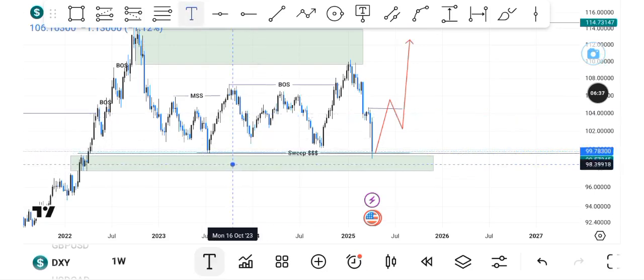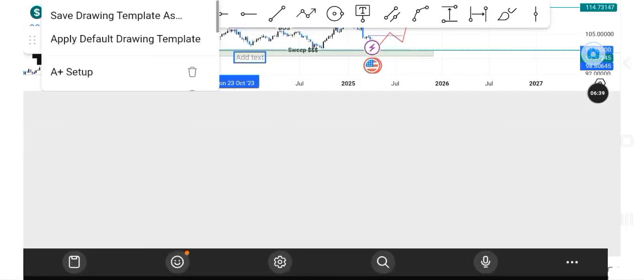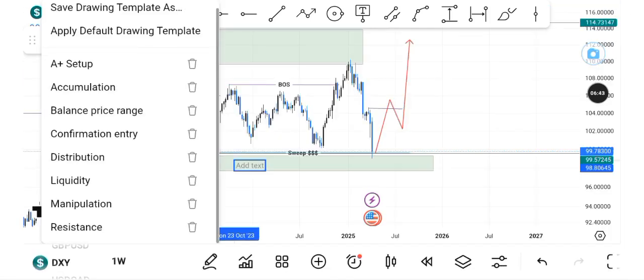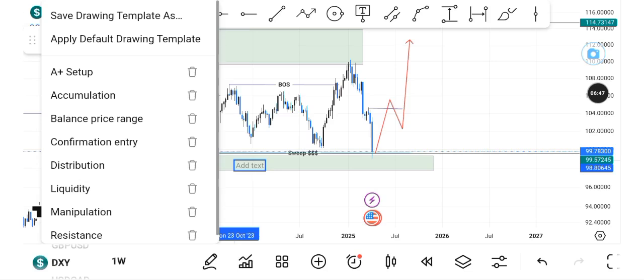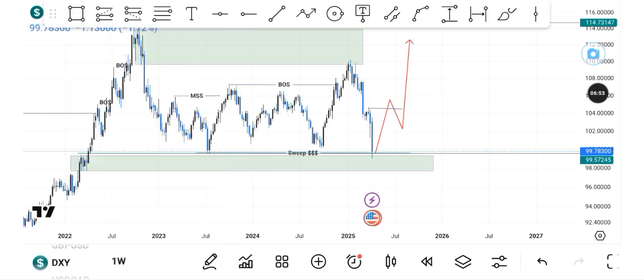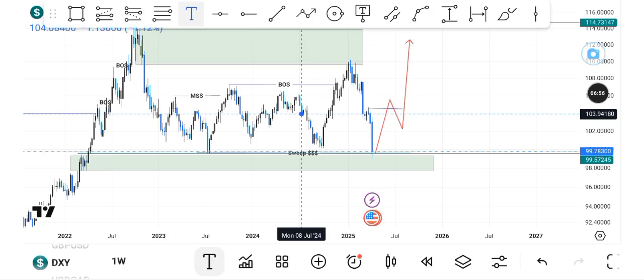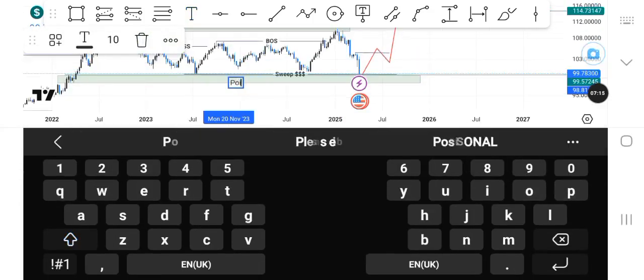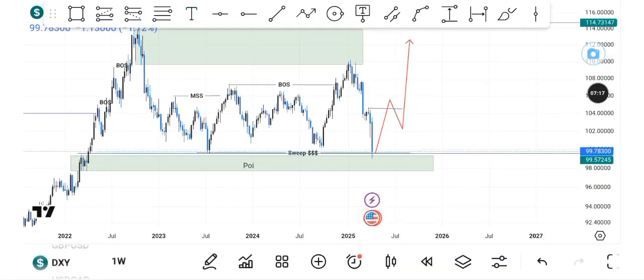But if there are buyers in the market at this POI, because I marked this as my POI, that's the zone I marked, and I was expecting this market to sweep the liquidity above the zone that caused the break of structure, coming into this order block that has not been filled.